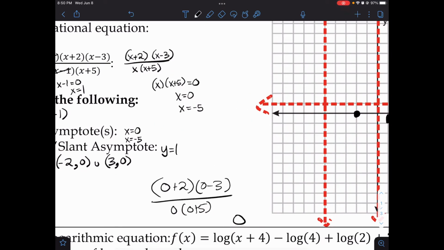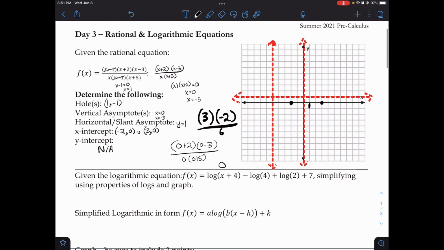So we get 3 and then negative 2 over 6. Oh, that's our hole. Okay, so our hole lies right here.